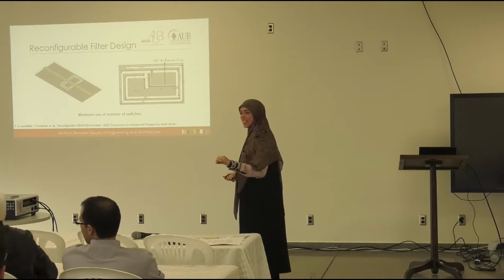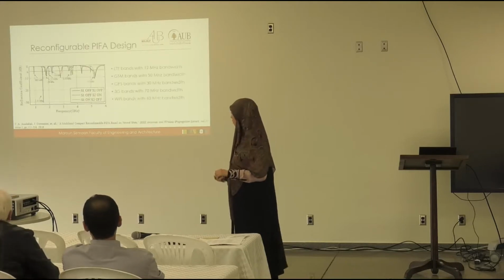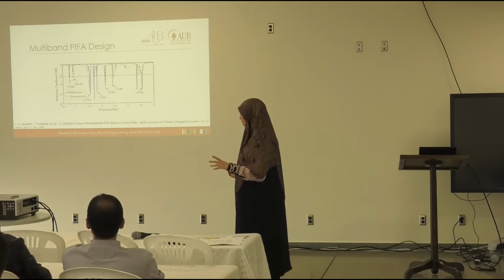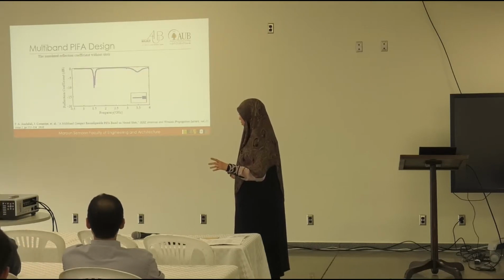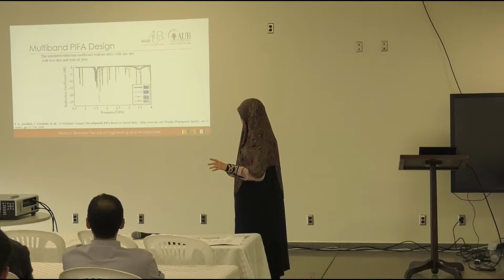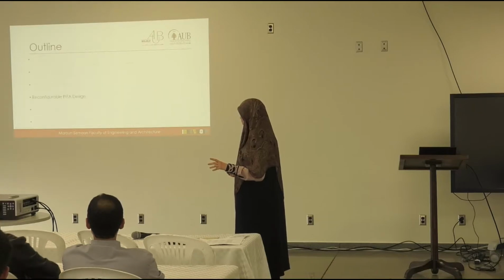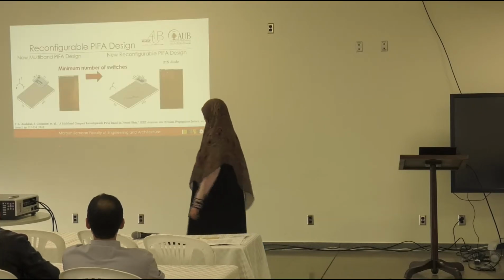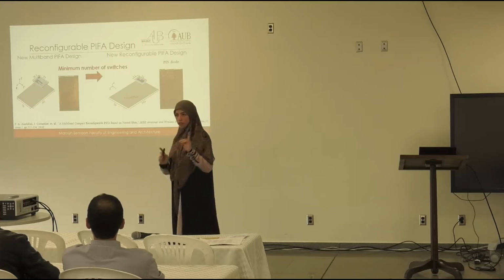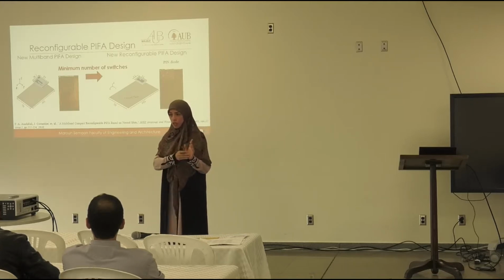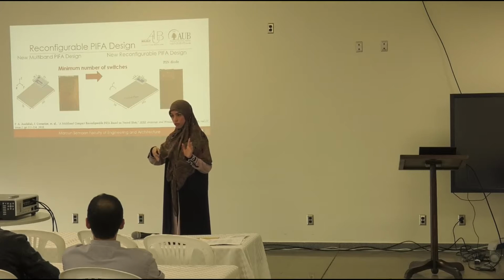That's the trick. Yeah, because if you want to go back to the first antenna design, that was the multi-band one. If you have a look here at the multi-band design, we have no switches, and we are able to reach these frequencies, right? So there is a multi-band antenna.